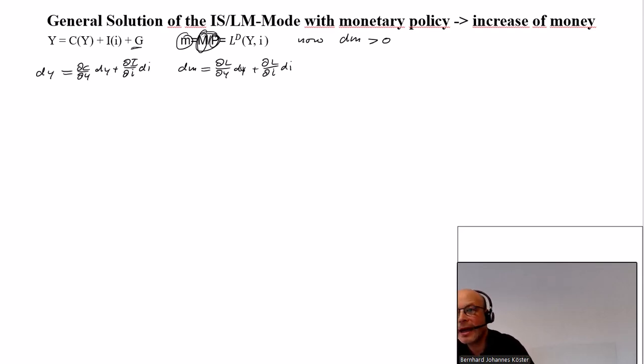Oops, here is some variable missing. Well, what we now have is a linear system of two variables and two equations. Our variables are the change in income and in interest rate, and the commodity market equation and the money market equation are our two equations. The change of money, this is monetary policy, is now a given number.